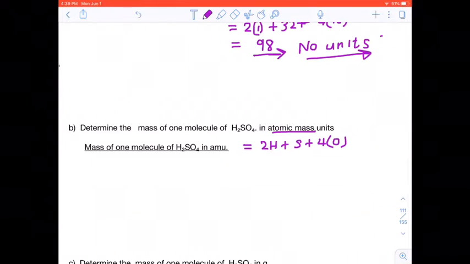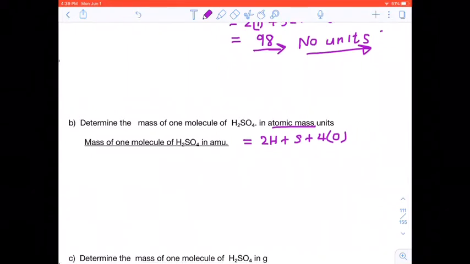But now, for molecular weight, we can use this formula. Sometimes we write molecular weight like that, of H2SO4.